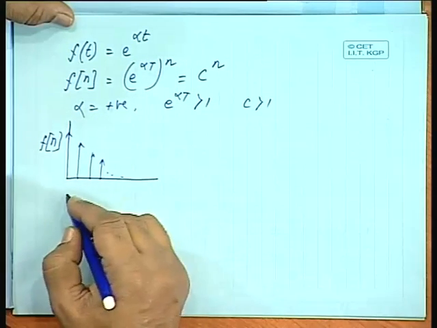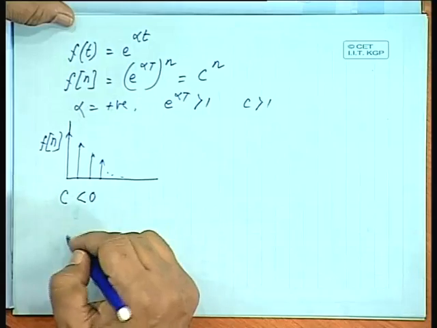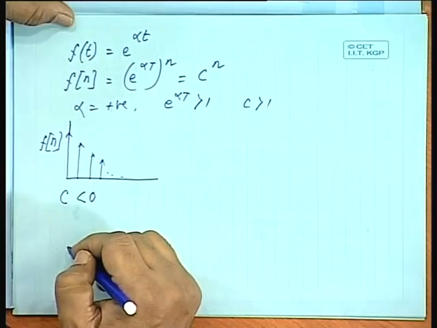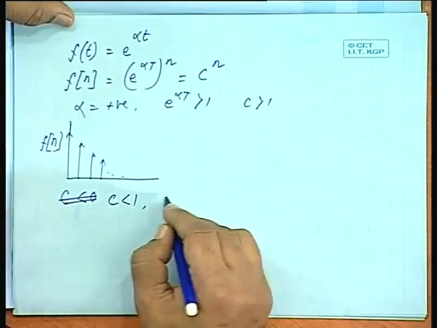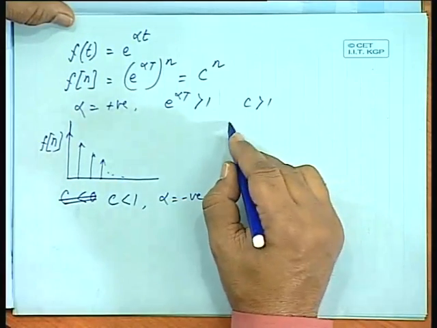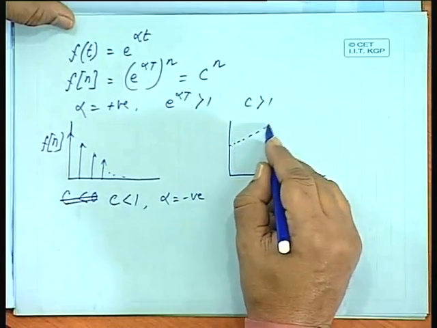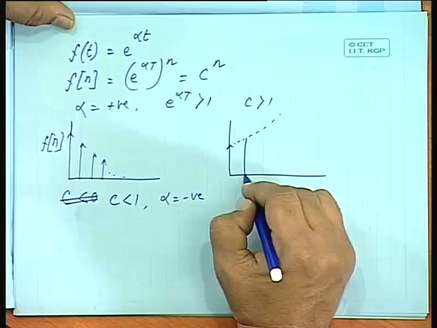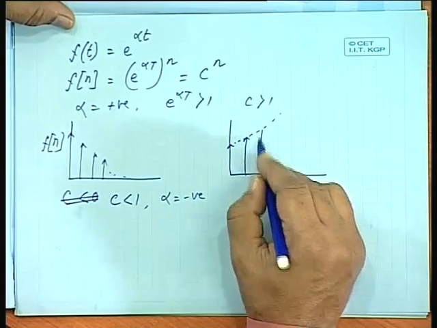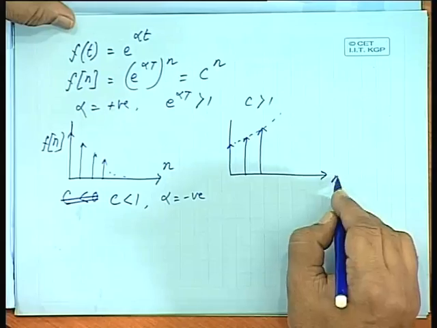This is for c less than 1, that is, alpha negative. It was like this, and for c greater than 1, it was increasing like this.